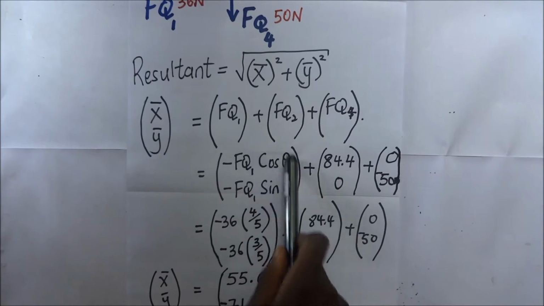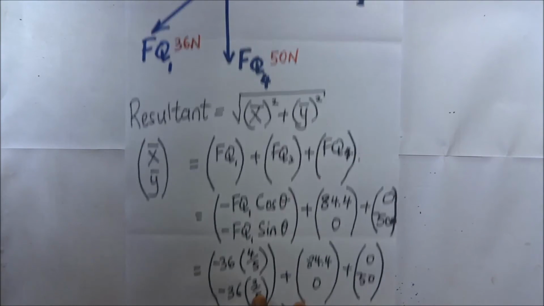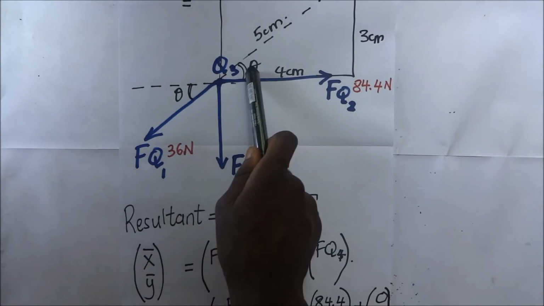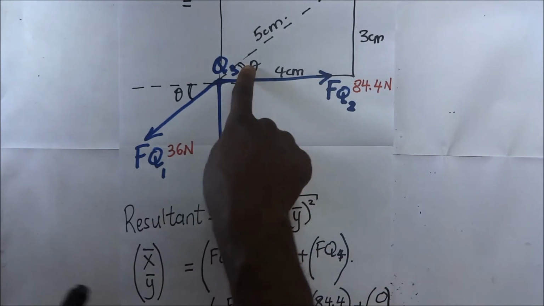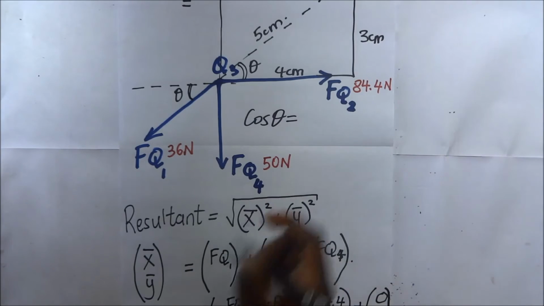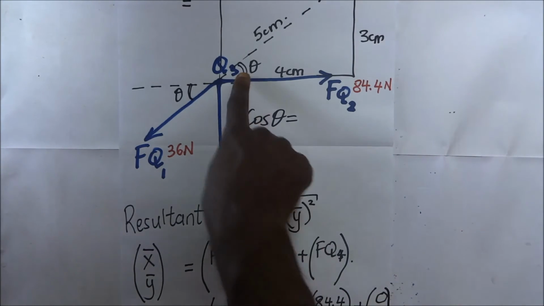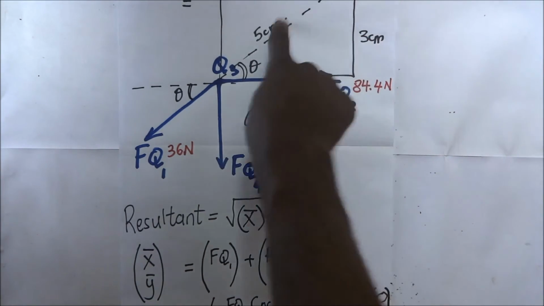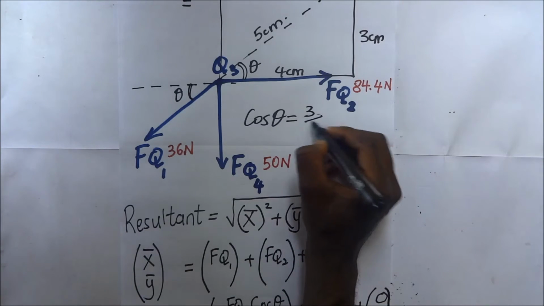How do we get cosine of theta? Remember, we said that this theta is the same as that theta, so to get the cosine of this theta, cosine of theta is going to be equal to opposite over hypotenuse. Opposite of this theta is 3 over hypotenuse, which is 5, so it is going to be 3 over 5.